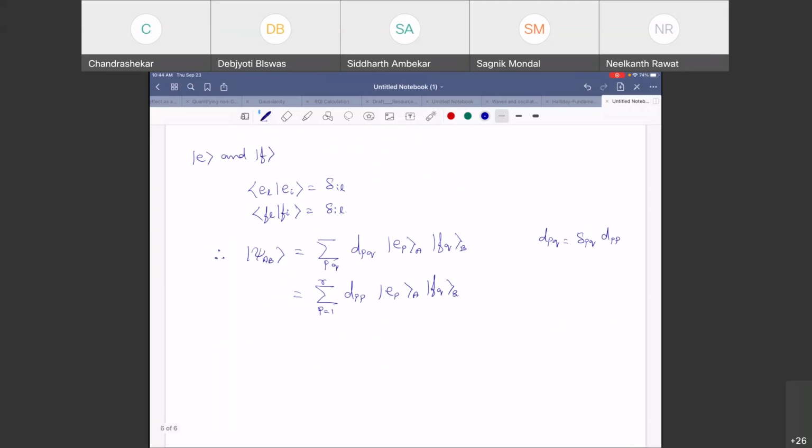So you can see we can write the vector in terms of the eigenvectors of the system A and the eigenvectors of particle B with some coefficients, just like we had in the initial definition, psi AB is equal to the sum over I from 1 to K of lambda I, E_I, F_I.